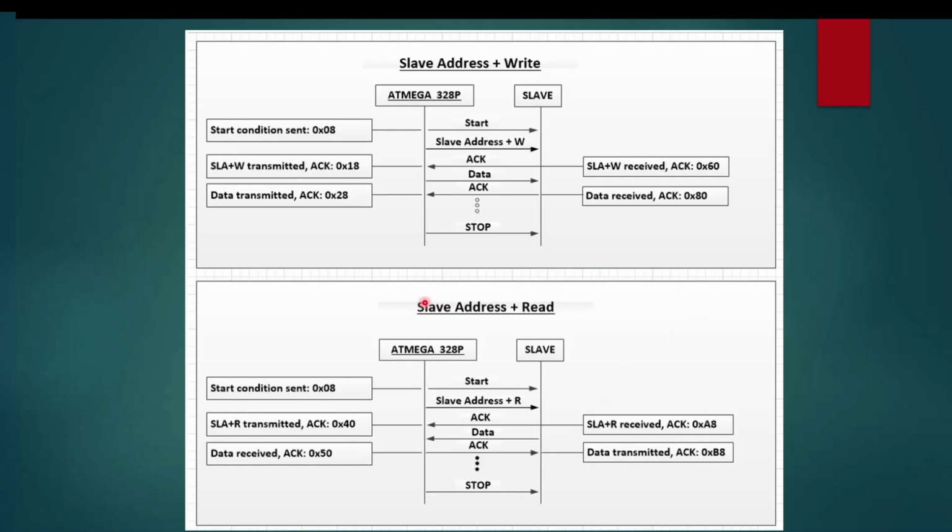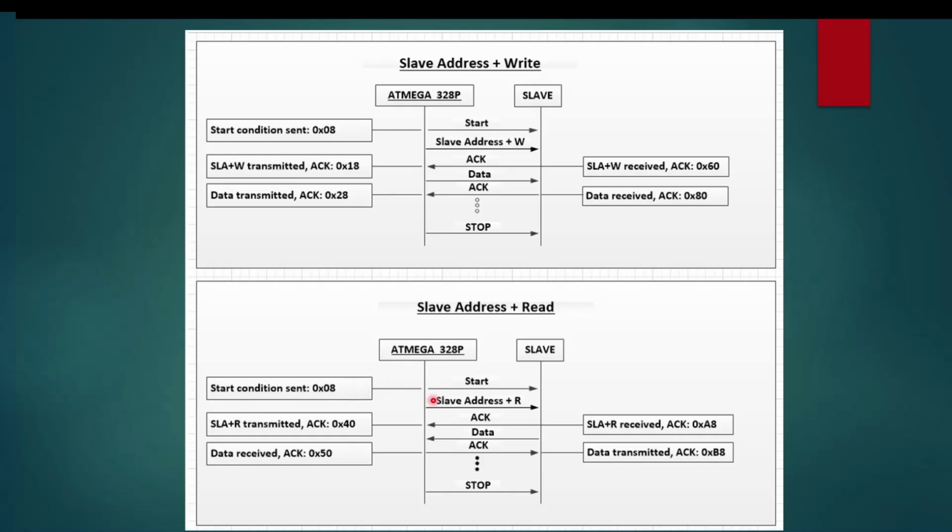Okay, so now let's look at the slave address plus read. Again, the master will start the transaction by sending the start command. After sending the start command, it's going to monitor the status register until it gets a code 08. Once it gets this code, it knows that the start command was transmitted successfully.